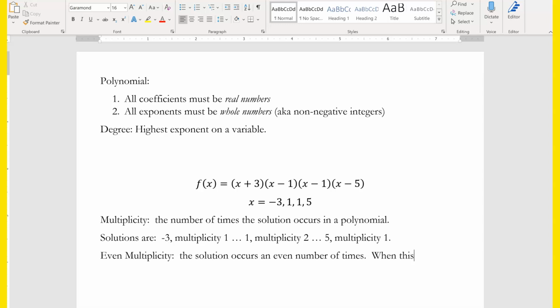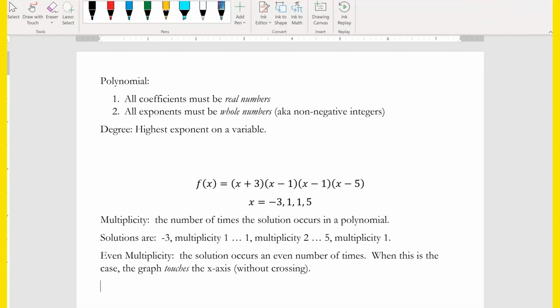When this is the case, the graph touches the x-axis without crossing. Okay, it touches the x-axis. I could draw that for you. So it would come down here and touch the x-axis, but it wouldn't cross it.